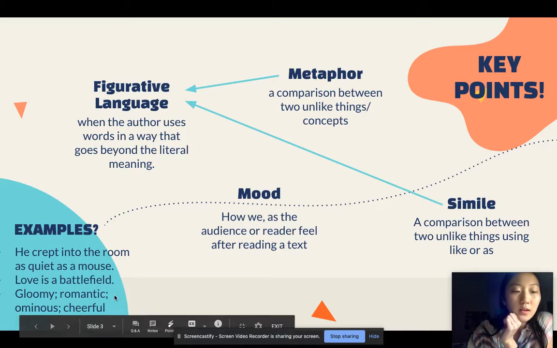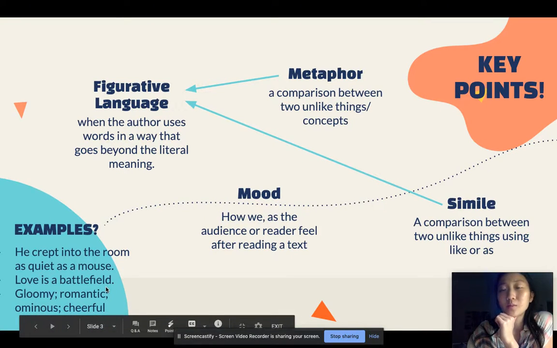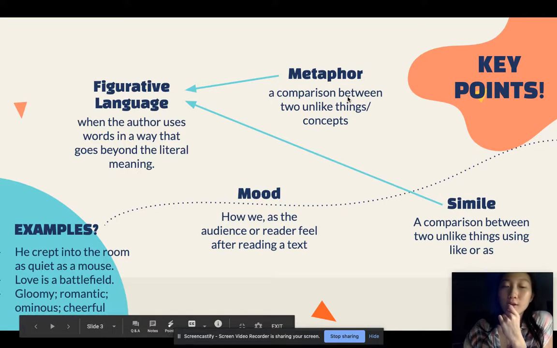Okay? What about this next one? Love is a battlefield. Is love actually like a bunch of people fighting in a battle with weapons? No, but it's a comparison between two unlike things, and it's not using like or as, it's just straight up comparing them. So based on that, we know it's a metaphor.